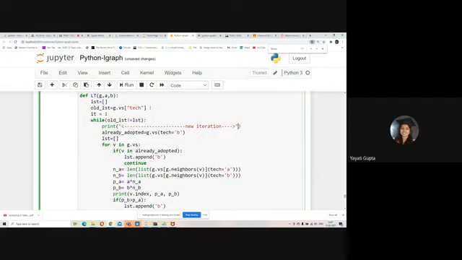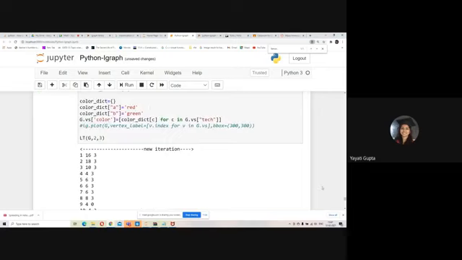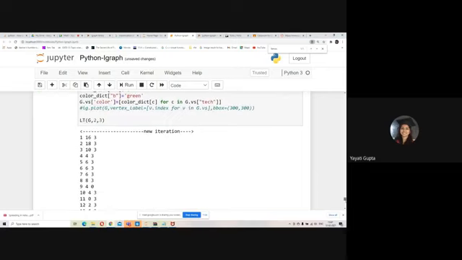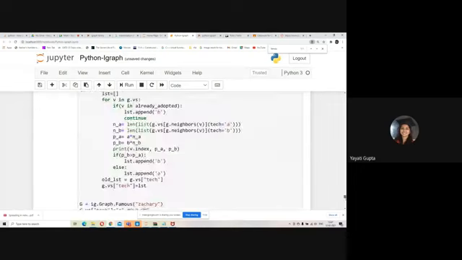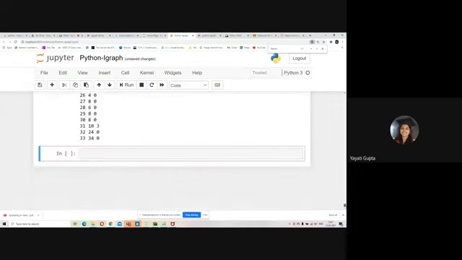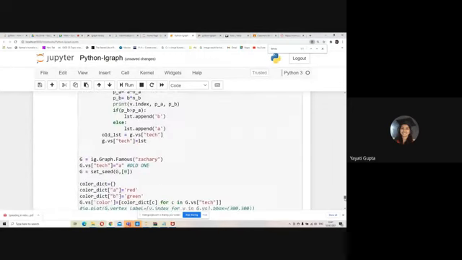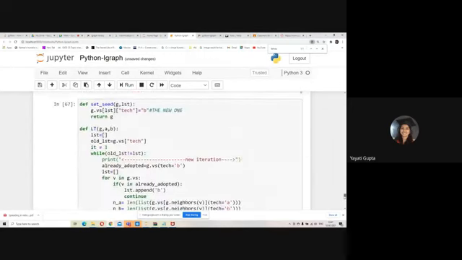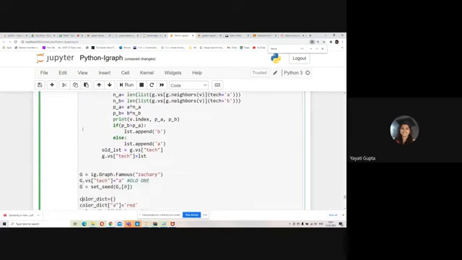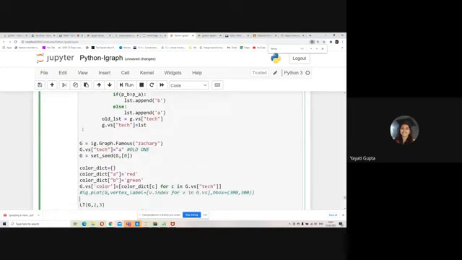Next, we need a way to visualize this graph. I want to visualize this graph at every point in time. So I'm going to incorporate one more logic here to visualize this graph. And whenever I visualize this graph, I'm going to store it. It should be stored with a different name every time. Here I have a variable which is iteration.